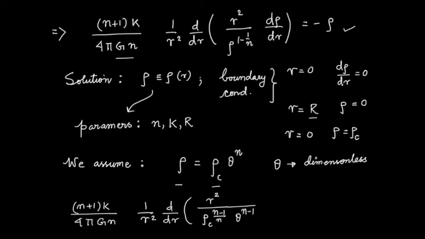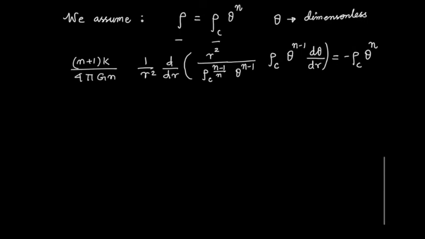Let's do the derivative. If I do the derivative with respect to r, I'll obviously get the rho c, and then I will get theta to the power n minus 1 and d theta dr. Right hand side is obviously minus rho c theta to the power n. Please do it yourself and check what I am doing is actually right.